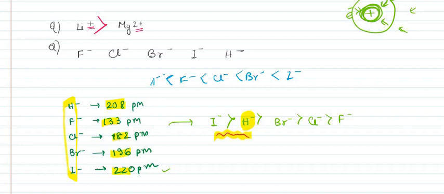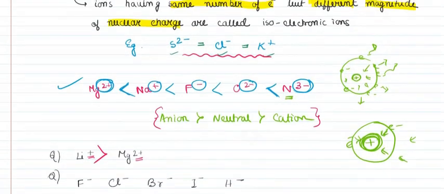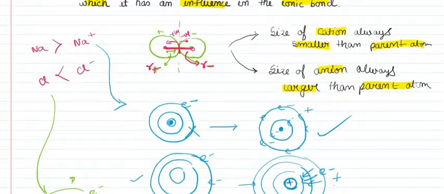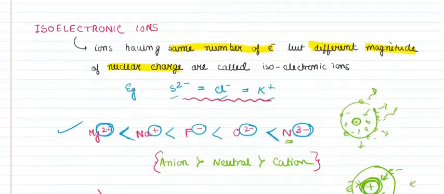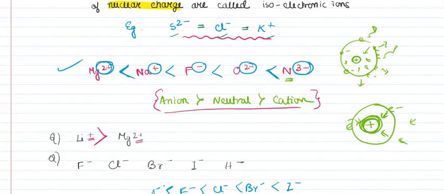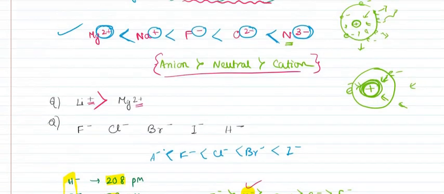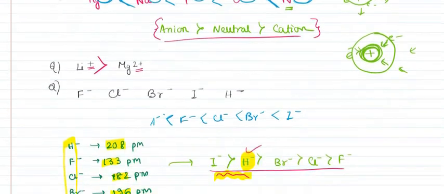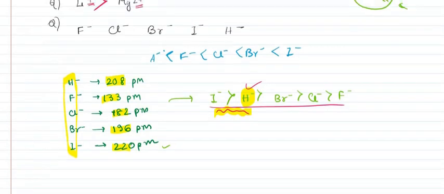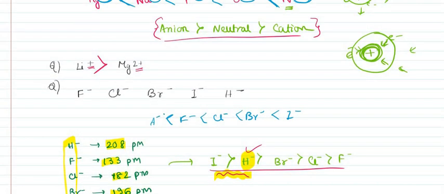Just remember that H- is very large, and this is the real trend. So now we have completed ionic radius as well. You just revise this. It is very easy, you only have to remember anion is greater than neutral, greater than cation. This is the only thing that you have to memorize, and all the questions will be from here only.